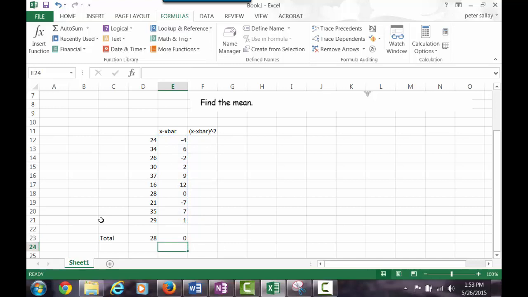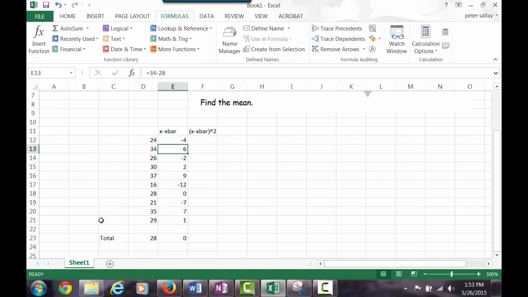I would like to have a measure of how far off a sort of typical data point is from the mean, but the problem is if I use each number minus the mean, which tells me how far off it is, if I add that up and divide, which is what we're doing next, is we would divide that by the total number, I don't really get a number. And there's a good reason for that.